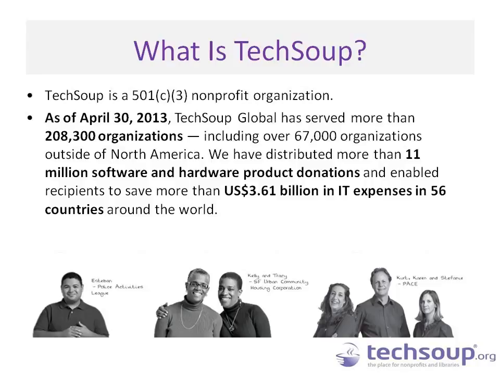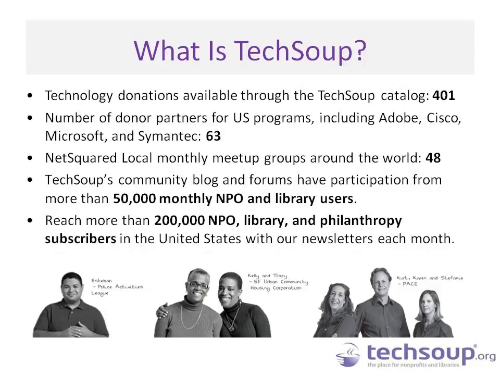And we are a 501c3 nonprofit. You can see a little bit about our impact across the global sector of nonprofits and libraries, with more than $3.6 billion in IT expenses saved in 56 countries across the world. Most of those are donated from 63 different donor partners in the US, including companies like Adobe, Cisco, Microsoft, and Symantec.